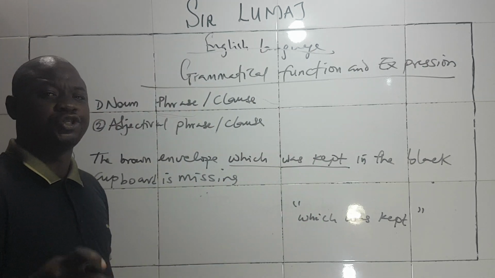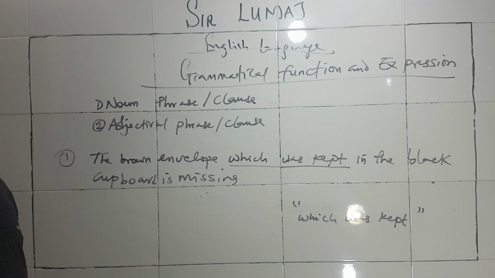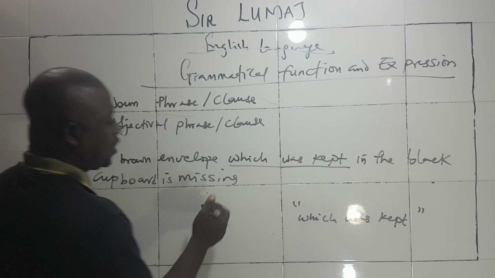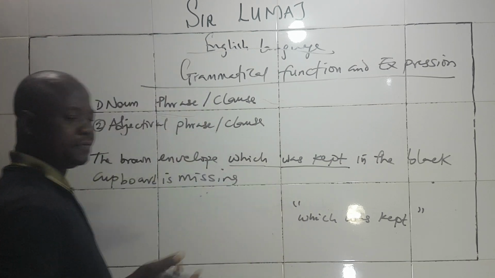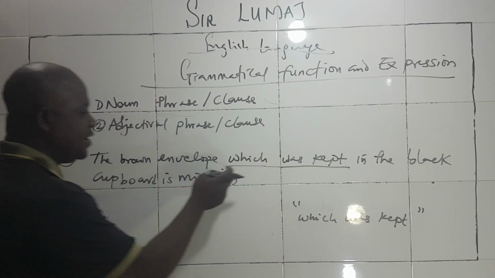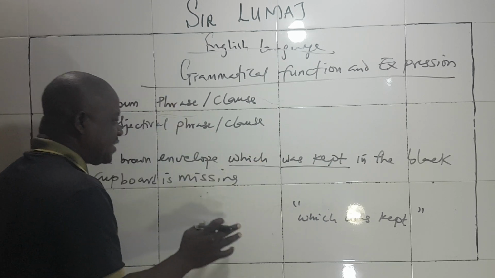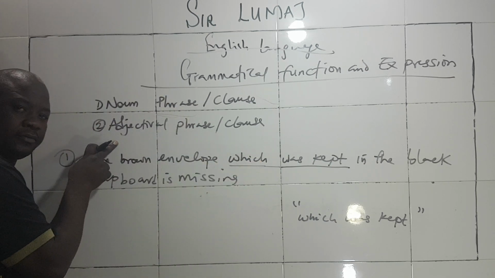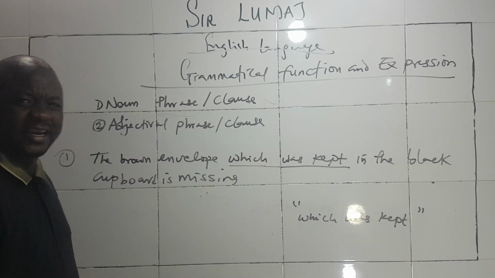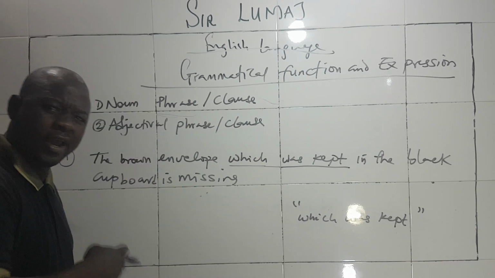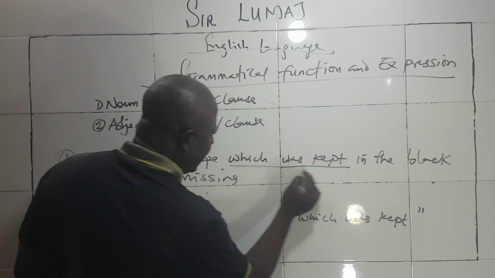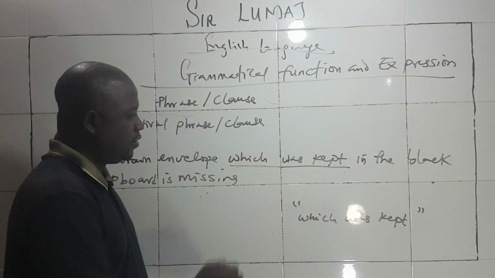What is the grammatical function and expression? For me to determine this, what has introduced this? Which. And in the WH questions, which is part of it. Automatically, this is what? Adjectival. Is it a phrase or a clause? If you look at the underlined word, do you have a verb there?